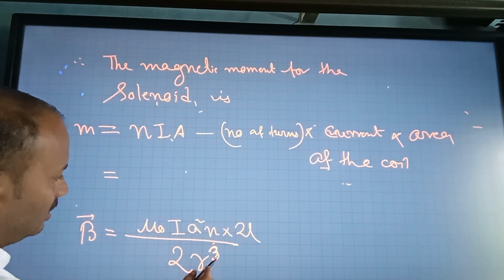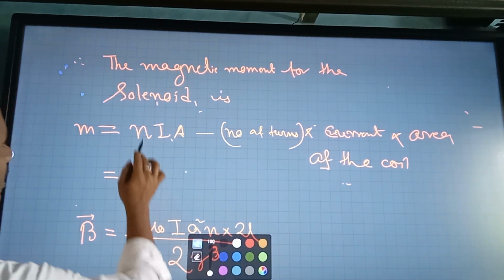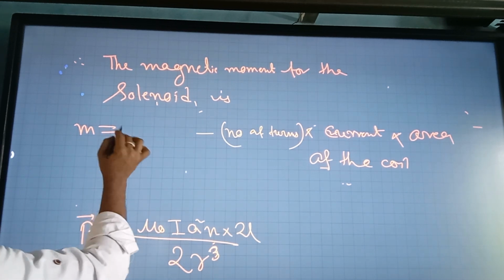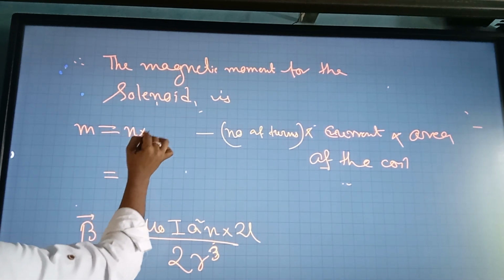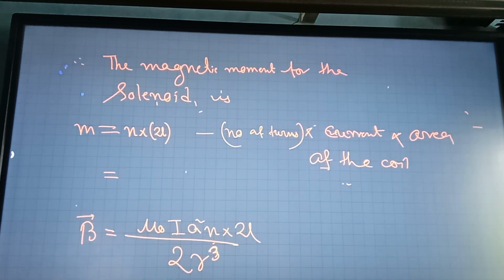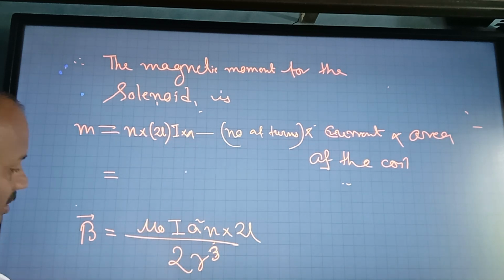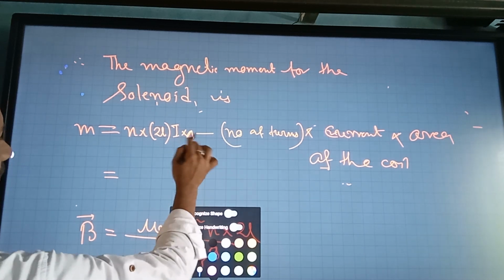Okay, look at this. The magnetic moment is N into length twice L into current I into pi r square.